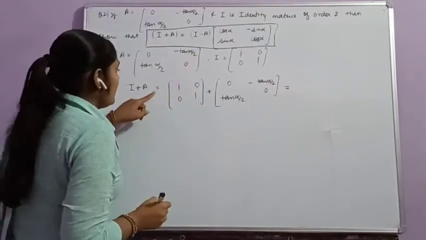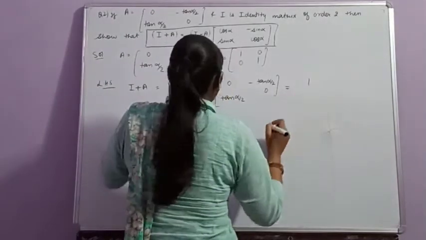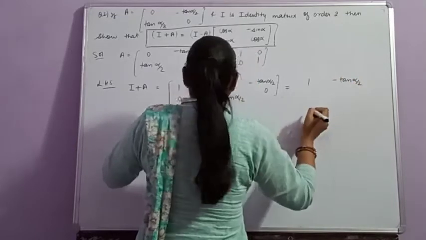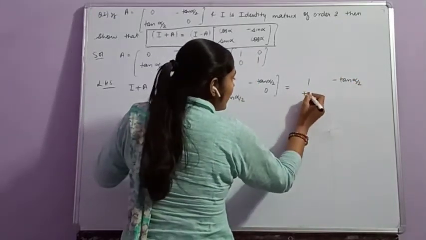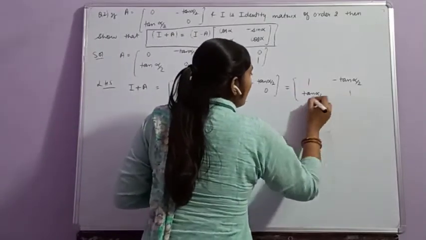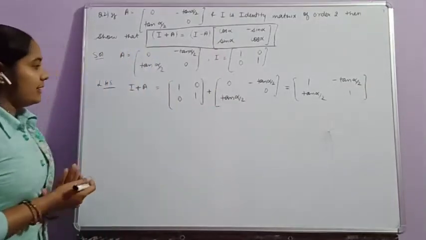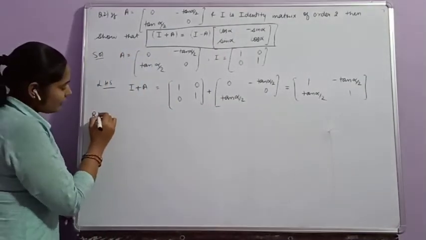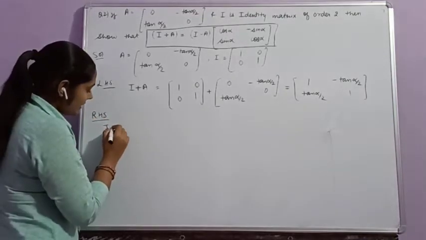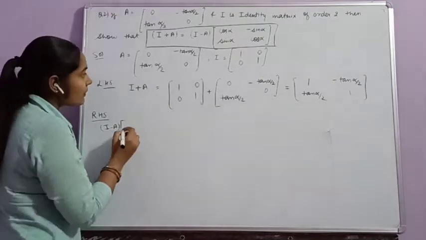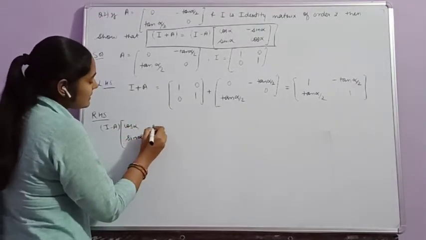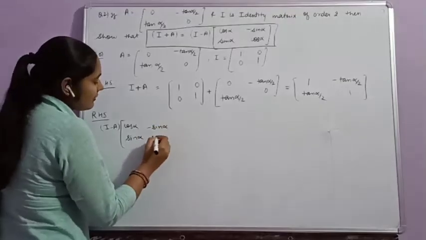That will be equal to [1 plus 0, that is 1, tan(alpha/2); minus tan(alpha/2) plus 0, and 1 plus 0, that is 1]. That is our left hand side. Clear? Now we simplify the right hand side, that is I minus A into [cos alpha, sin alpha; -sin alpha, cos alpha].